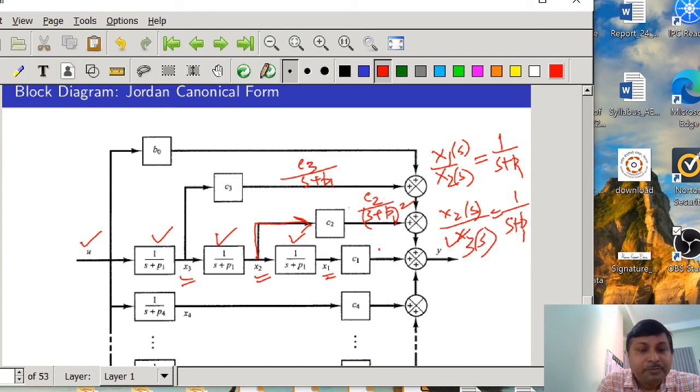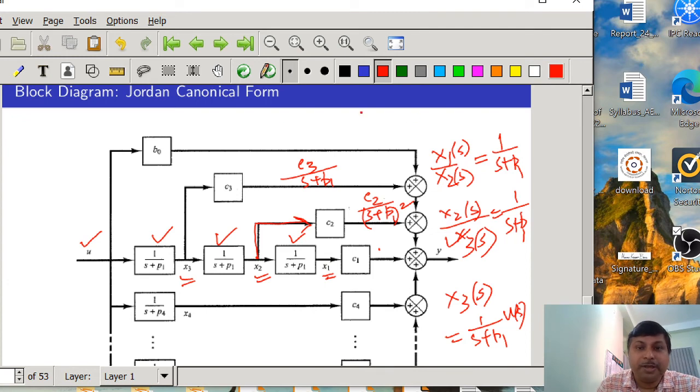And X3(s) is related as 1 by (s plus p1) into U(s). And here I think I have missed the coefficients.